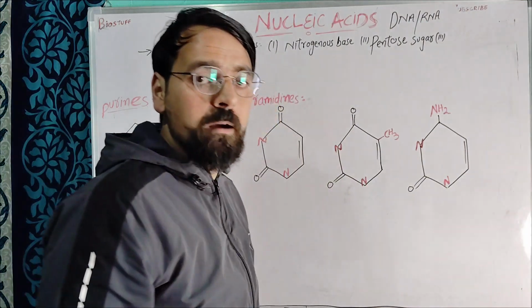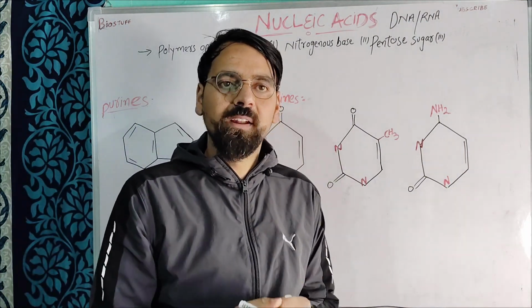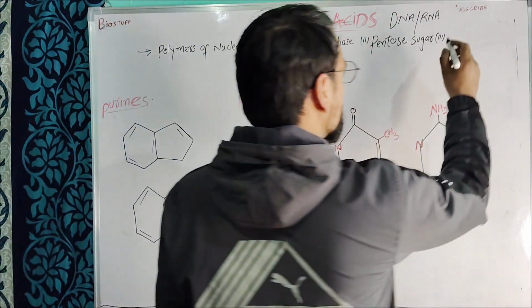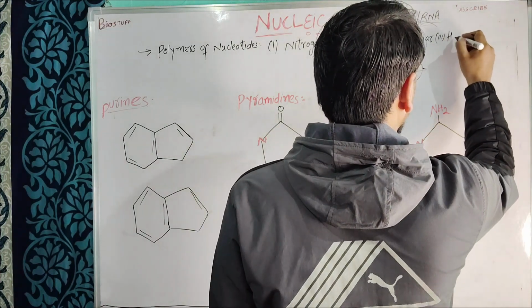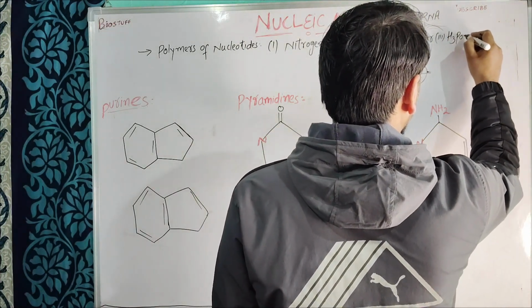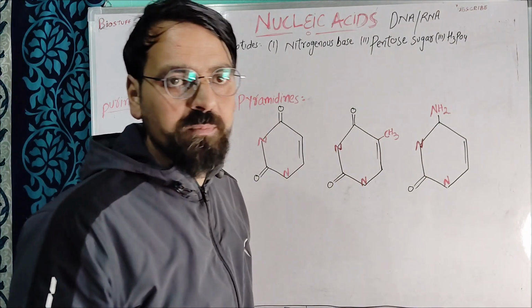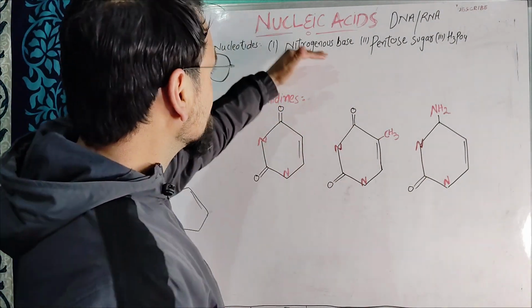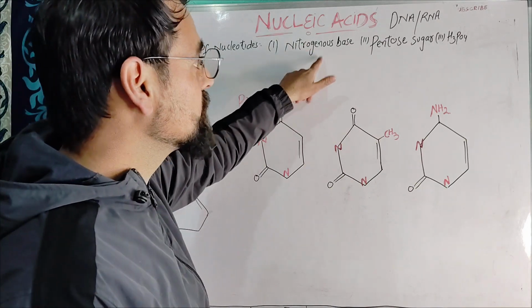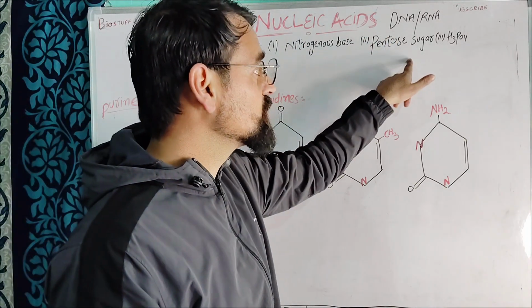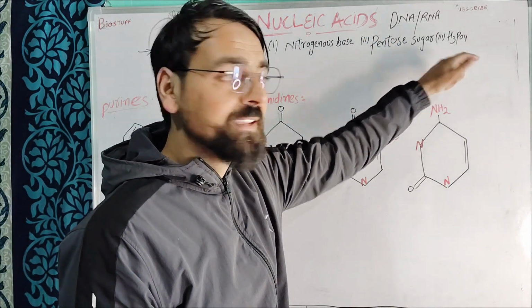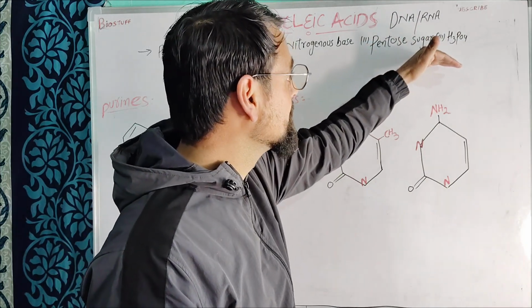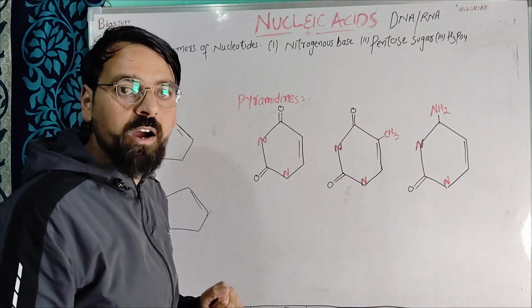And the third is phosphoric acid, or what we call as phosphate group. So phosphoric acid, H3PO4. It's also called as phosphate group. Okay. So a single nucleotide, friends, contains 3 components. One is the nitrogenous base, one is the pentose sugar, and one is the phosphoric acid. These 3 components together form a single nucleotide.